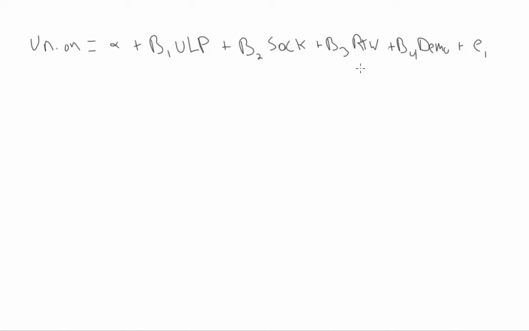Right to work would be a dichotomous variable, so it's either a 1 or a 0 because the state's either right to work or not right to work. And then obviously a state that's right to work would be expected to have lower union membership. And then Democratic Party vote is basically an ideological measure.